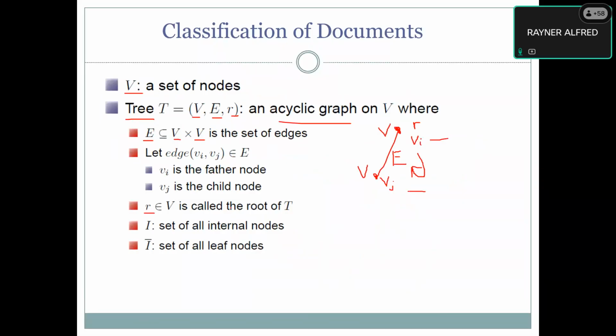And then the root R belongs to the vertices, it is part of the vertices. And I is the set of all internal nodes, which is this one. And then the complement of I is the set of all the leaves. So we will have this connect to another vertex. So this is a leaf. Okay, so this is your I. This is how we formalize the classification of the document.